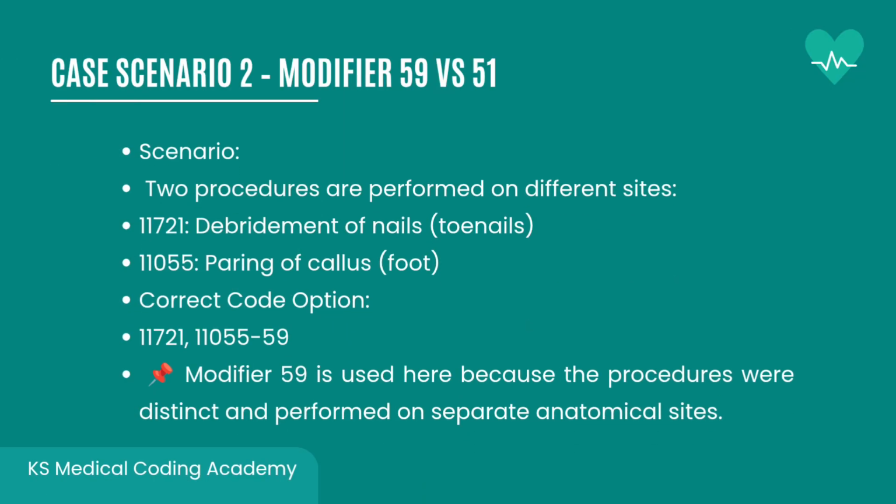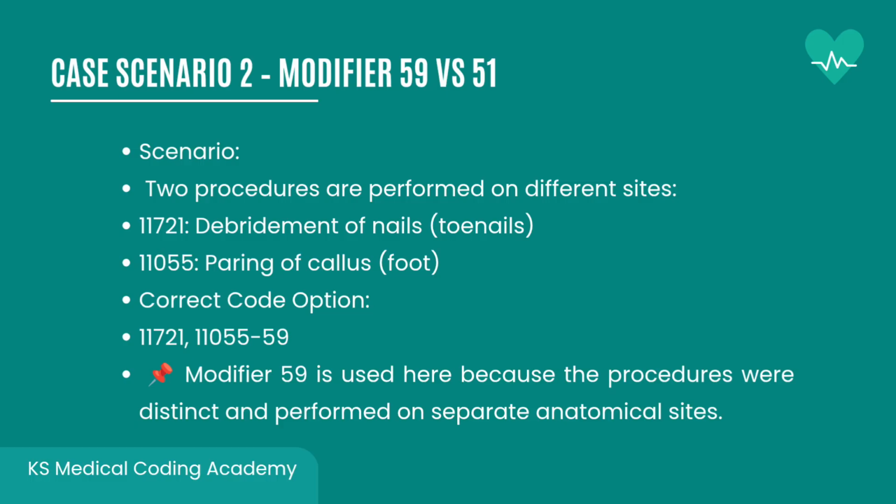Case Scenario 2: Modifier 59 vs 51. In this case, the provider performs two procedures during the same encounter, 11721 for toenail debridement and 11055 for paring of a foot callus. While both are minor procedures, they were done on different anatomical sites, nails and skin.